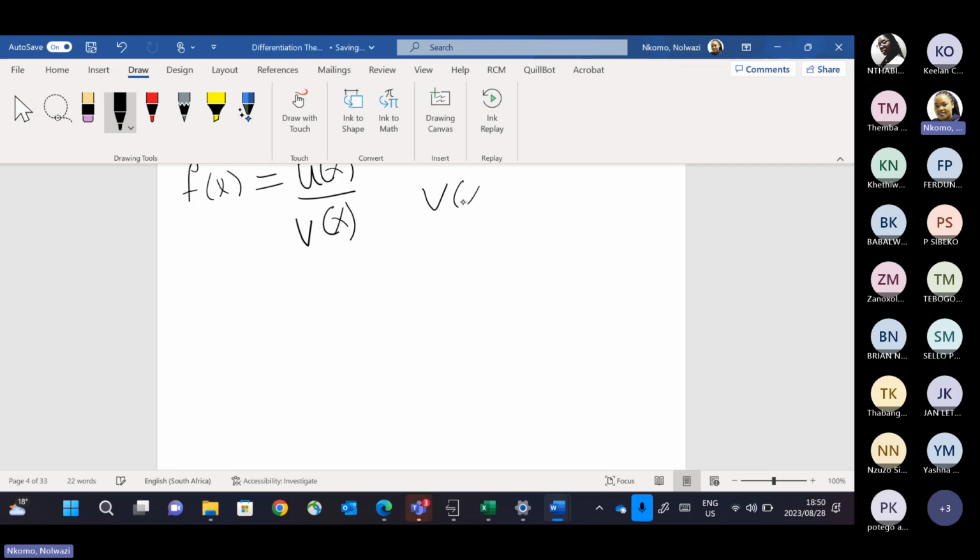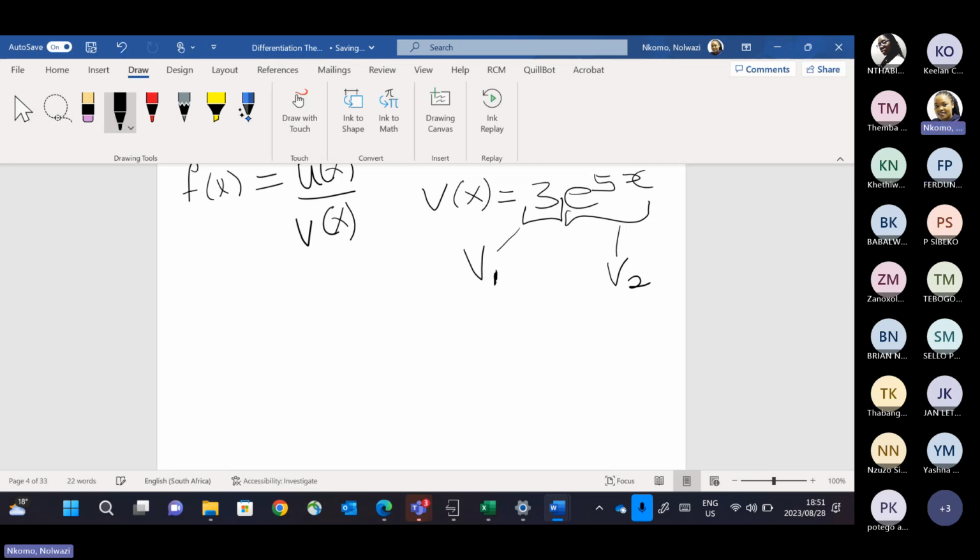Okay, v at x is 3e to the power 5x, right? You see here you have two terms, this one and this one, meaning you have two functions. You can let this be v1 and let this be v2, right?